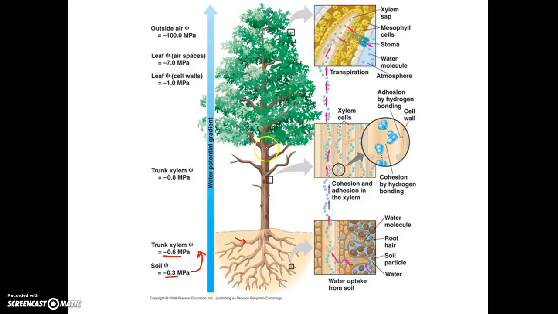And you see, as you go up the tree, there's a gradient there. So water is going to keep wanting to go from high to low water potential. The outside air has the lowest water potential, so water's eventually just going to evaporate. As you can see here, water is evaporating out of the stomata and into the air.